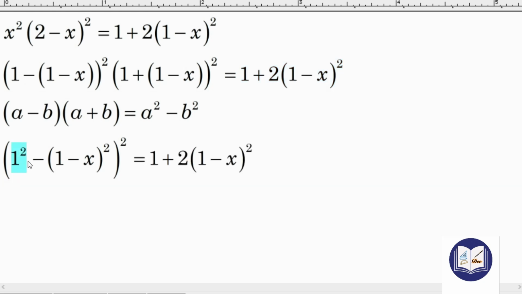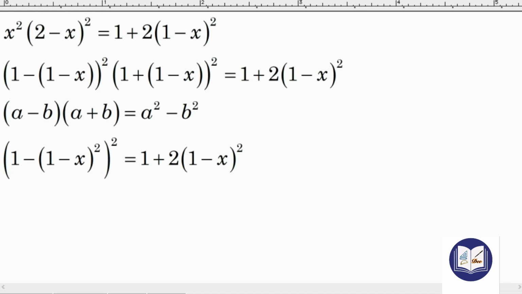Okay, so here we have 1 squared. 1 squared is equal to 1, so we can write 1 here. Here we have (1 minus x) squared, and here is also (1 minus x) squared.